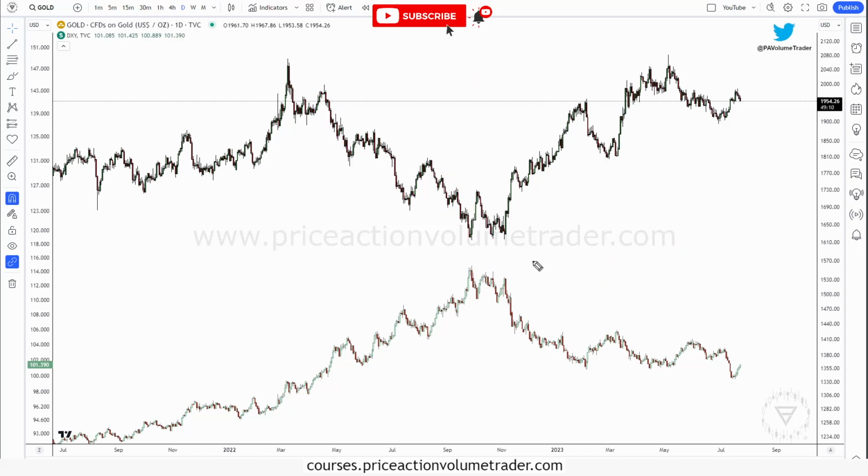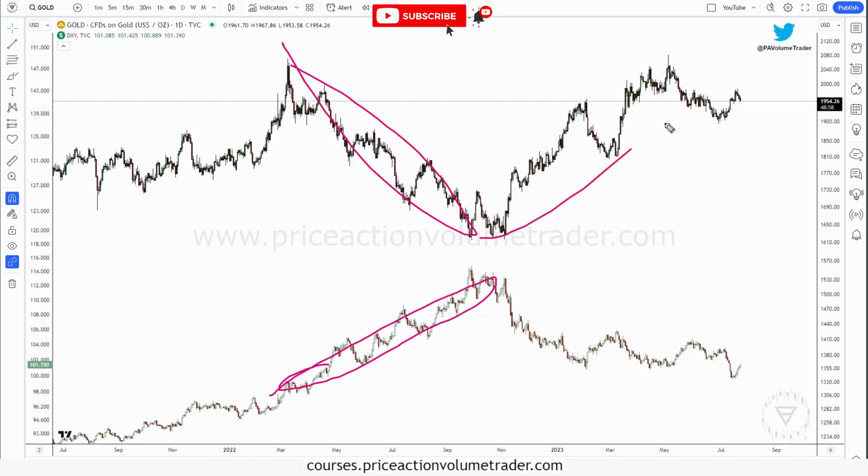But as you can see, right here, we did have the inverse relationship. So gold was moving down, dollar was moving up. Then gold found the bottom and has been trending up, and the dollar has been trending down. Okay, so in general, gold and the US dollar are going to trade in an inverse relationship.